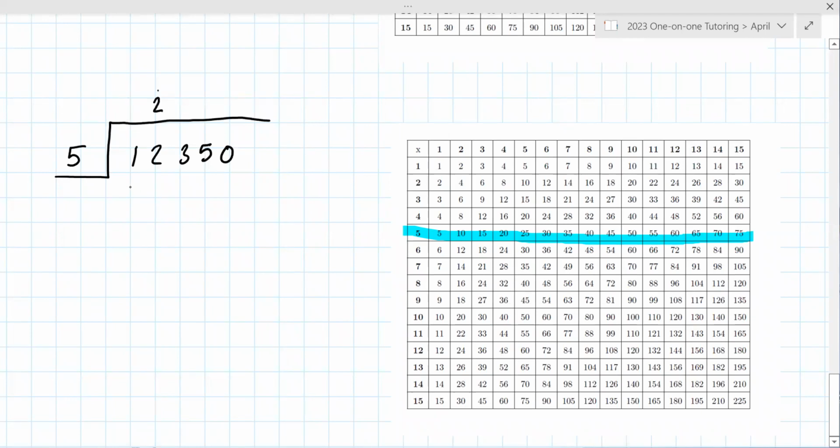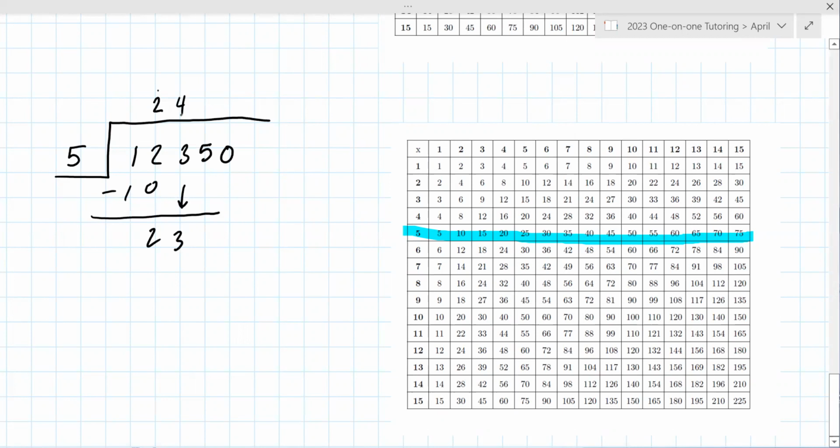All right. 2 times 5 is 10. What is 12 minus 10, Zoe? 2. Bring the 3 down. How many times does 5 go into 23? 4 times.